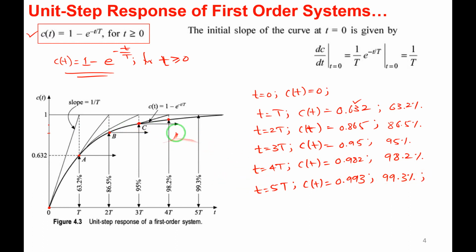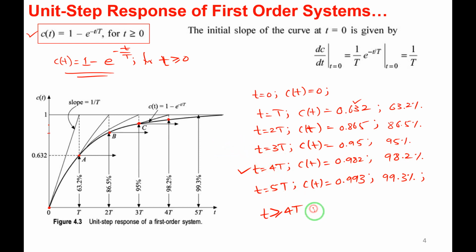I hope you are getting it right. And you can observe one thing: for t greater than or equal to 4T, the output or the response of the system lies within plus or minus 2%.